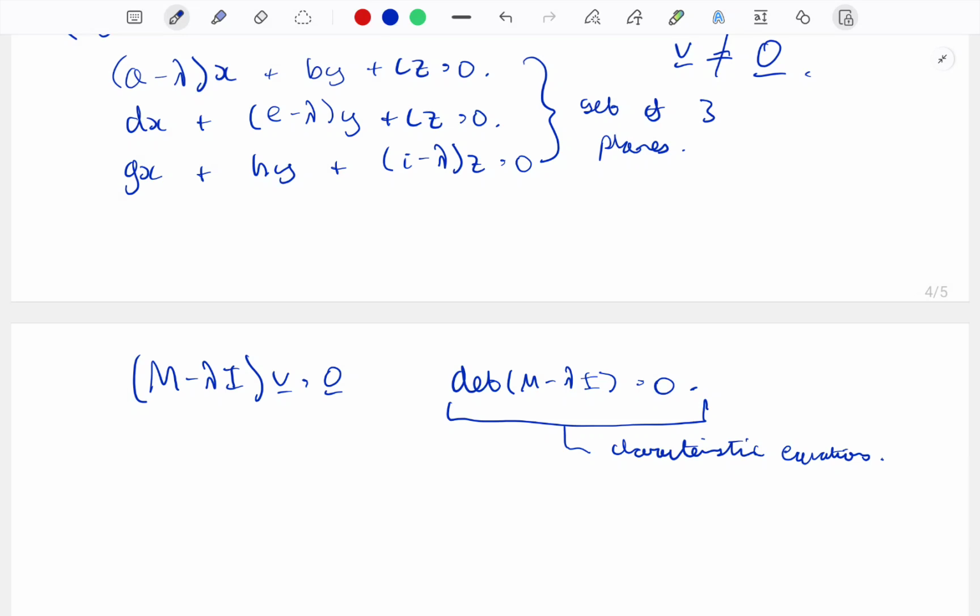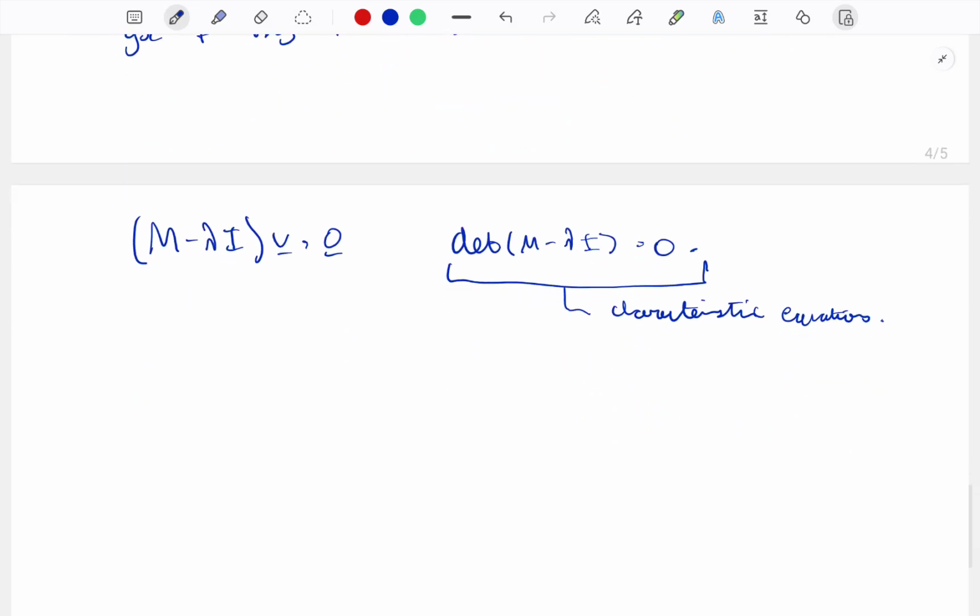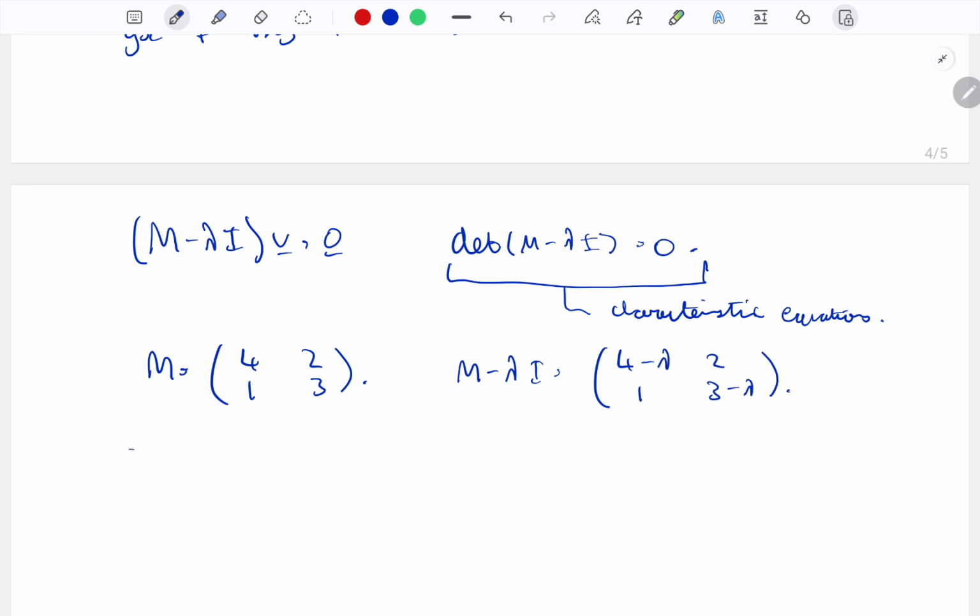So let's go back to our previous example. M is equal to 4, 2, 1, 3. M minus lambda I would be equal to 4 minus lambda, 2, 1, 3 minus lambda. The determinant of M minus lambda I is equal to 0.